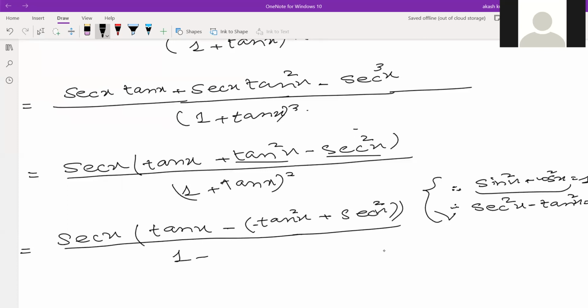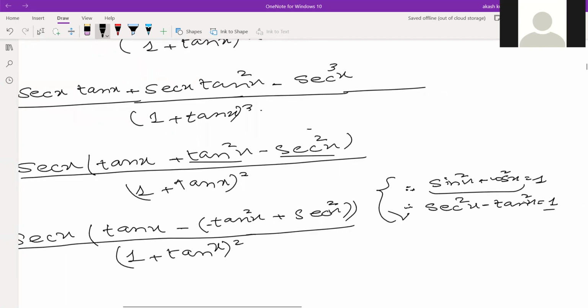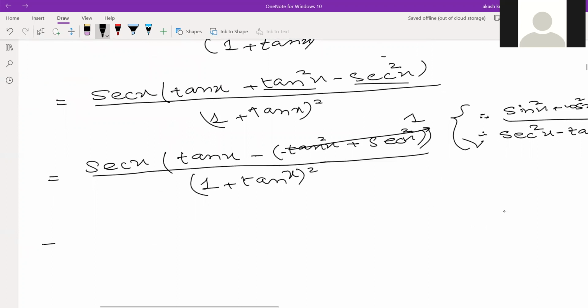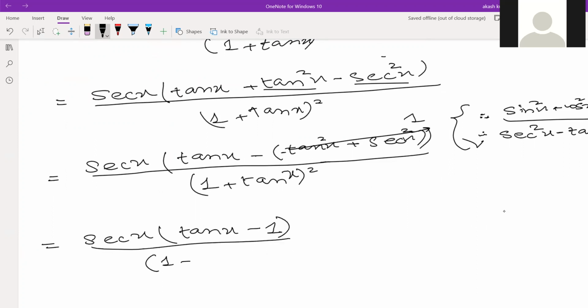Then it will be 1 plus tan x, and we can write sec square x minus tan square x equals 1 to simplify our function. So it will be sec x tan x minus 1 over 1 plus tan x whole square.